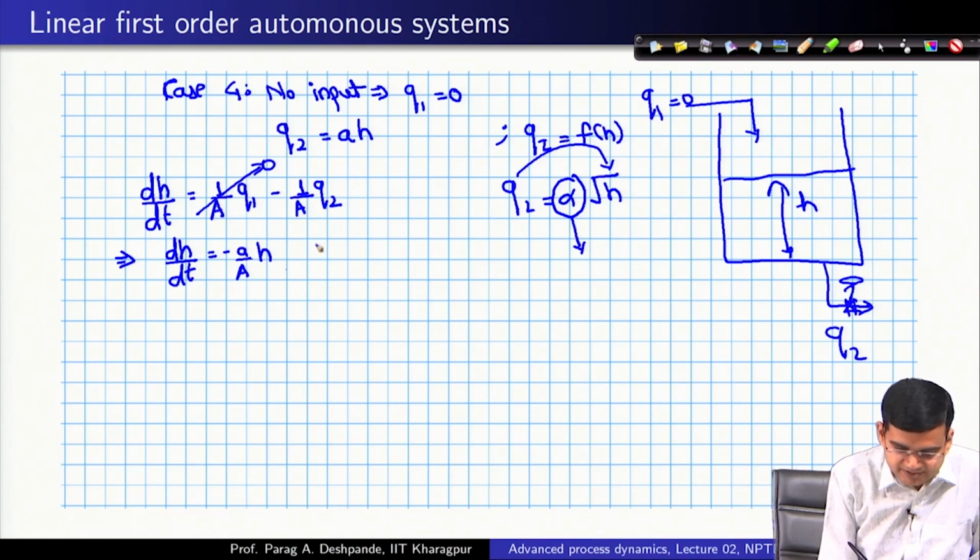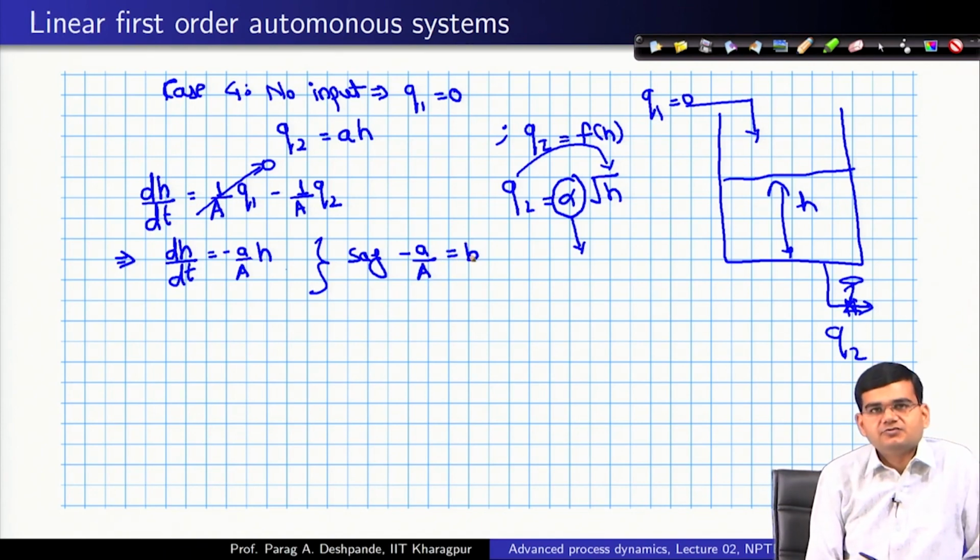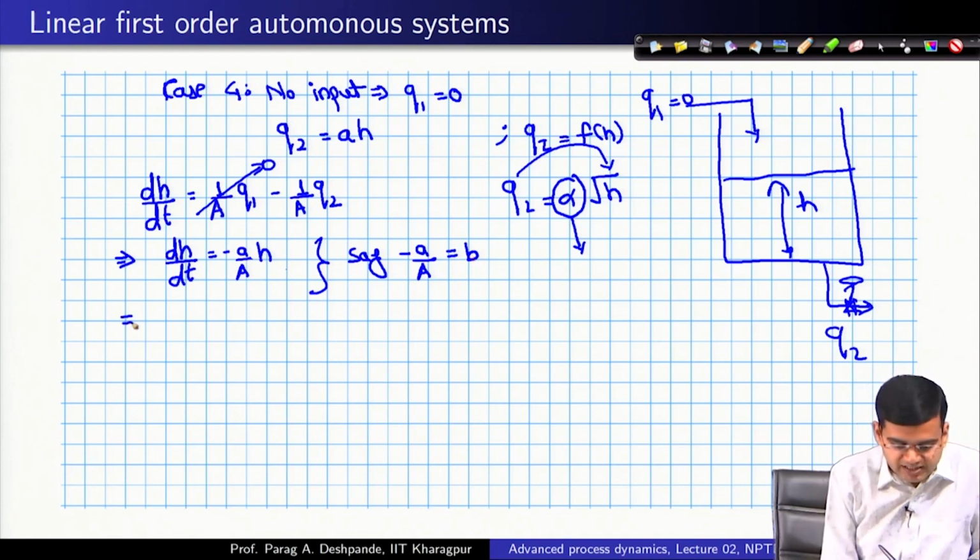Let us say minus A upon A is some constant B. So, what we get here is dH by dt is equal to B times h.